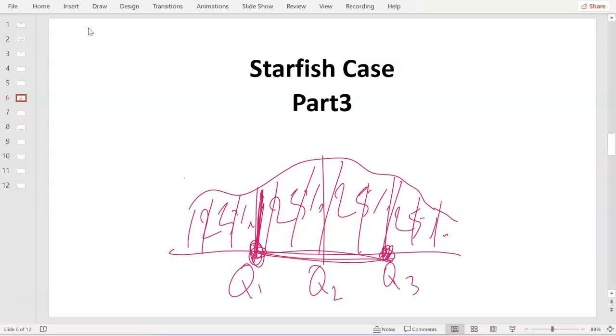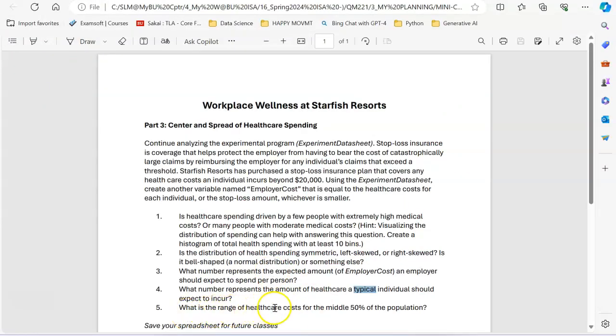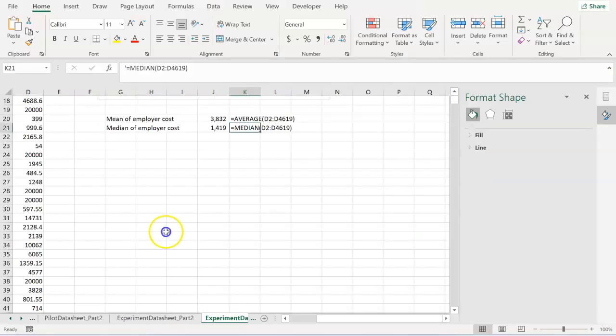And that's actually Q3 minus Q1 is the IQR. So this question is actually asking us about the interquartile range, which is Q3 minus Q1. So if we look at the question again, what is the range of healthcare costs for the middle 50%? You just do Q3 minus Q1. So let's do that.